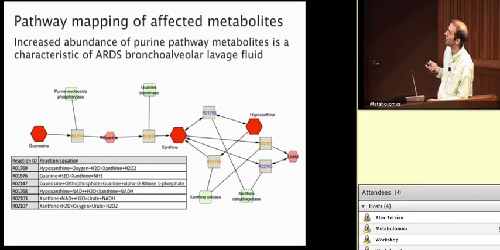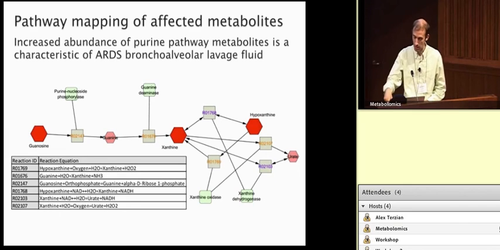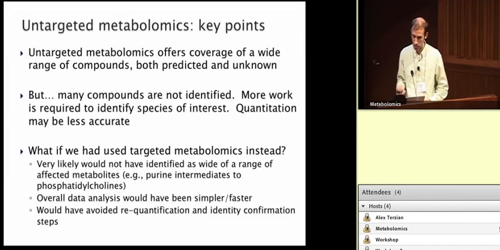And we can take the data and put it on a network. This is a very simple network showing some of these affected metabolites, particularly in the purine synthesis and degradation pathway. We identified several of the metabolites that were affected in a consistent manner, suggesting that they may be involved in either the bacterial response or the bacterial load or the host response to acute respiratory distress syndrome.